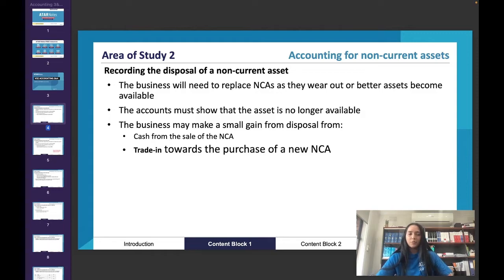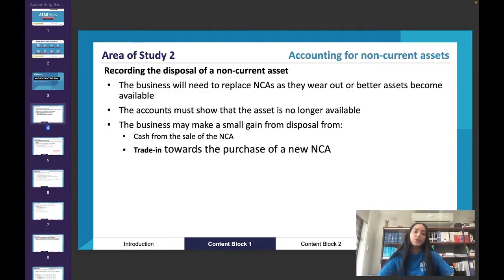So it's just important to note that when we're disposing or selling a non-current asset as a business, it's not always just because of damage or the asset being worn out. It is some of the time that it is damaged or worn out, but it also is that the older model becomes superseded or there's a better model available.